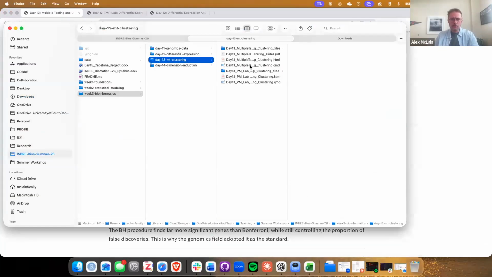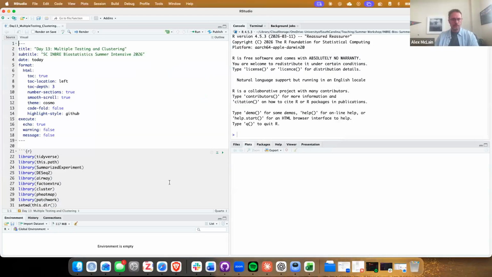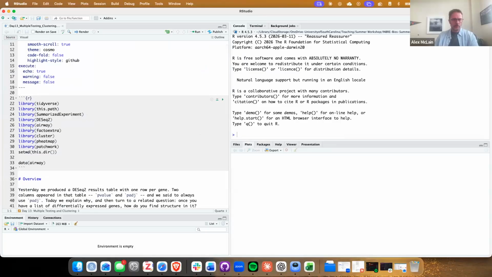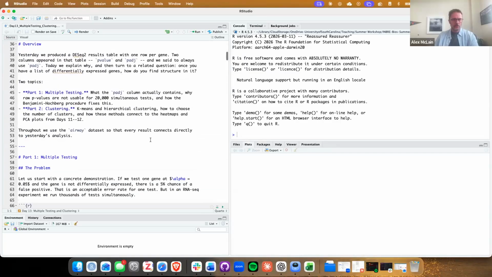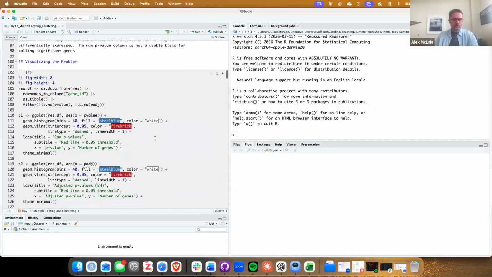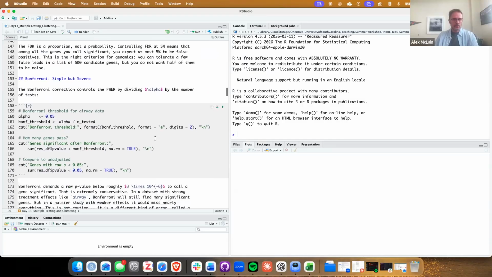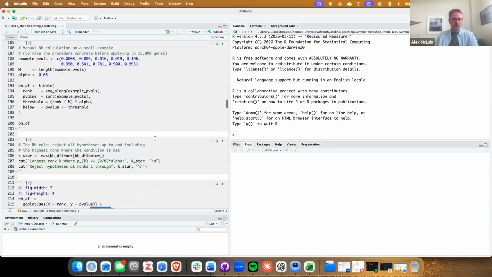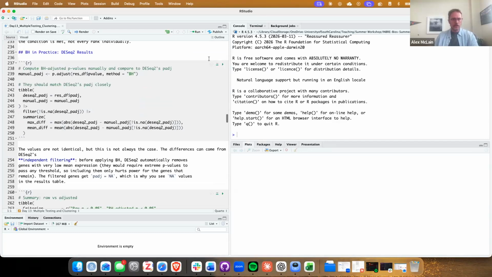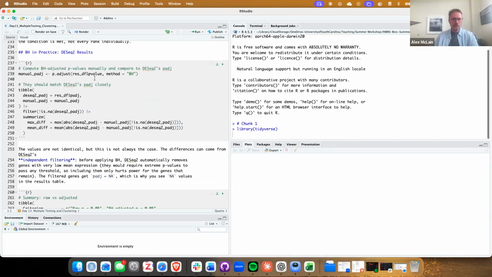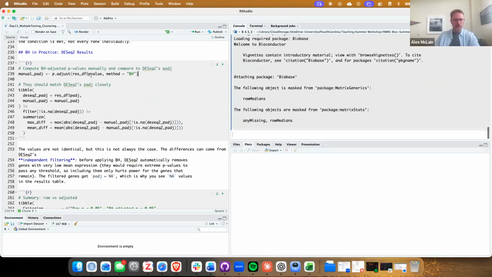I'm going to get that .qmd file open, and you may have to install some of these packages as usual. I'm going to go down to where we manually created the adjusted values. There we go. So this is where we manually adjusted the p-values using the BH method.